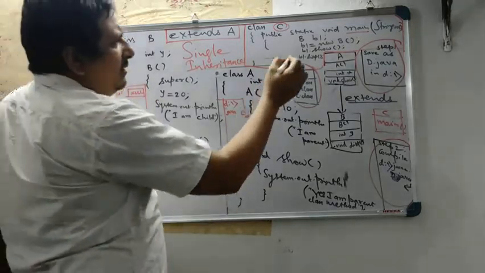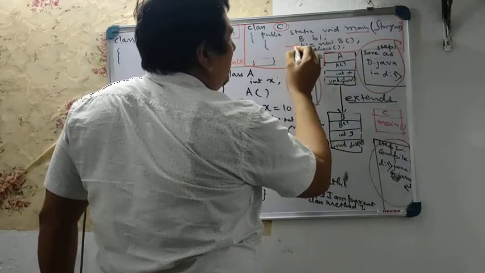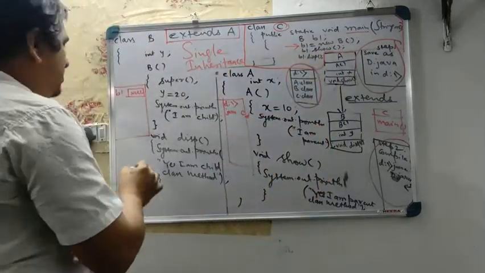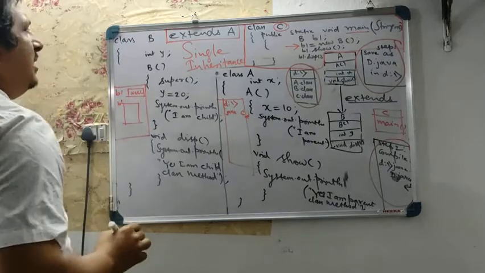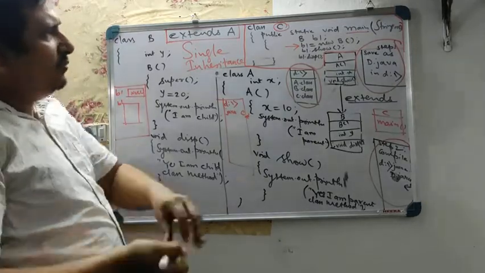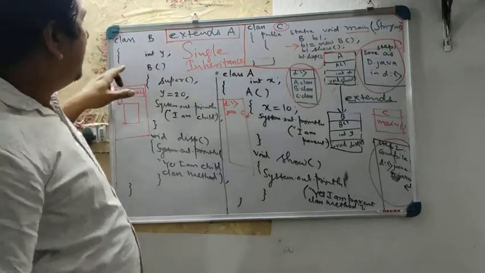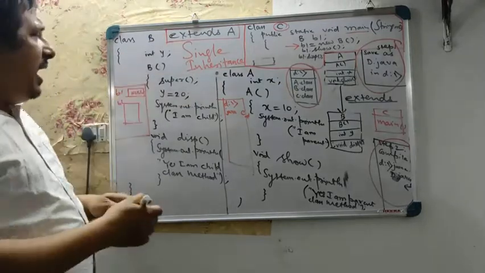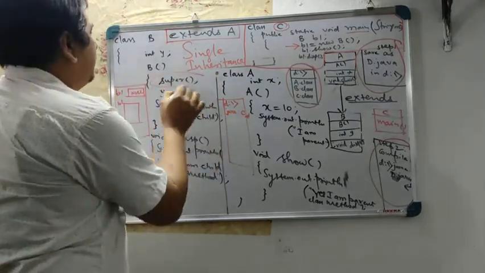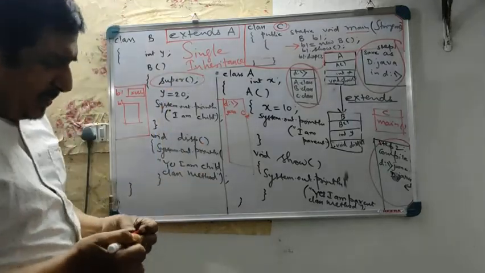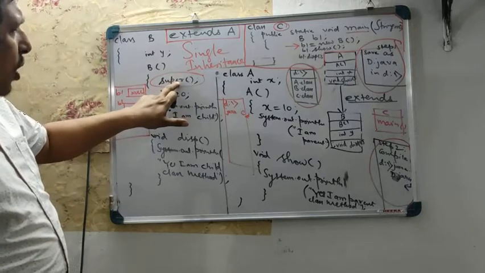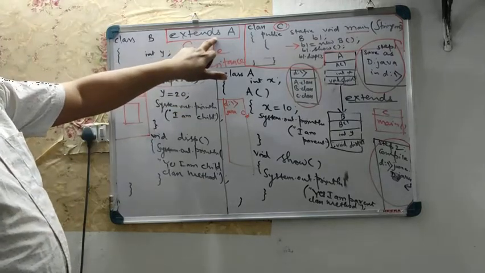But when it comes to this line, it tries to create an object b1. But listen very carefully, it directly goes to the constructor of B and you see this beautiful keyword super. What is its meaning? Its meaning is go and find out who is your parent.